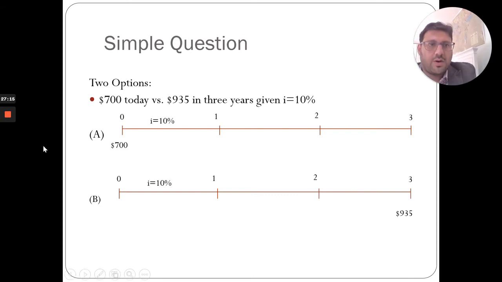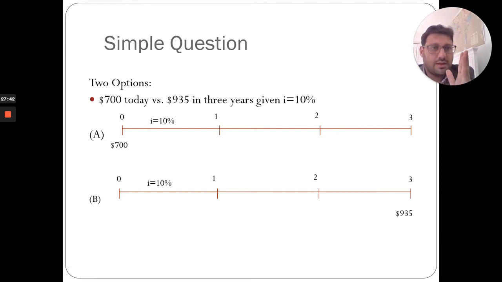So now you might have the answer by this time. There are two ways we can calculate it. Either we compound the 700 and grow it to its future value after 3 years, and compare this first alternative's cash flow after 3 years with the second alternative after 3 years.